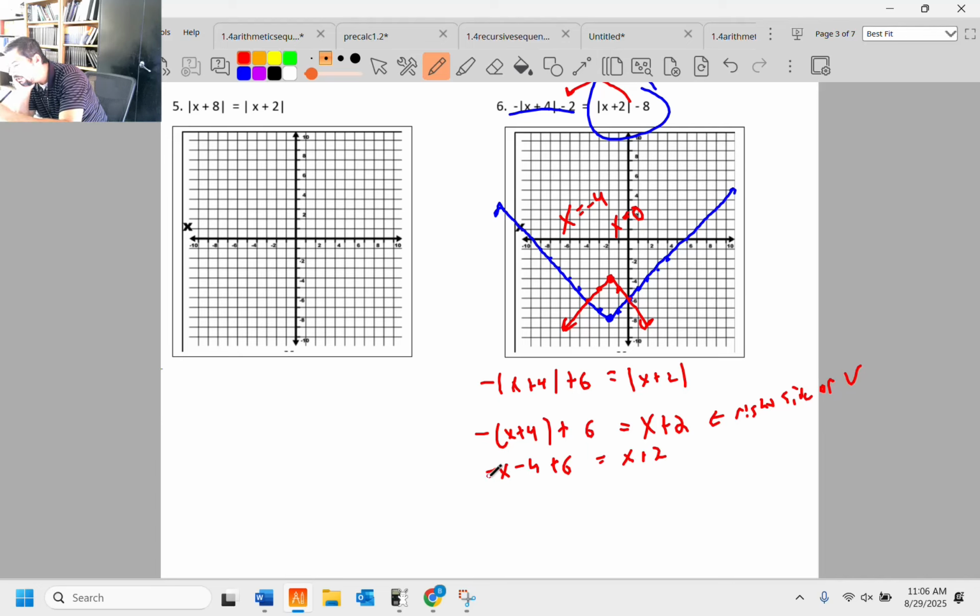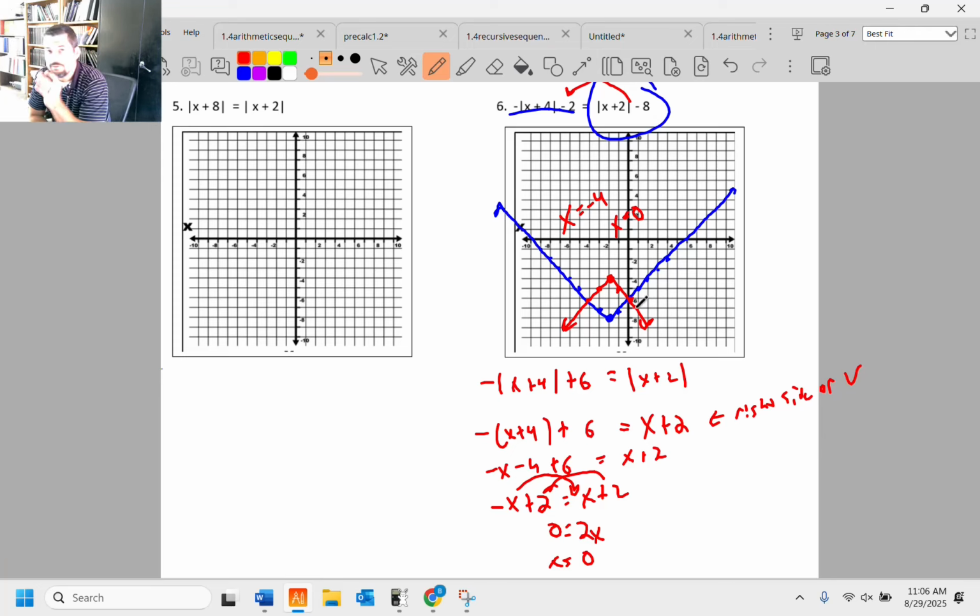And let's see here, what do we have here? We have negative x plus 2 equals x plus 2. Let's shift our x's to the right. That'll give us 2x. Numbers to the left. That'll give us a 0. And x is 0. That was that one.